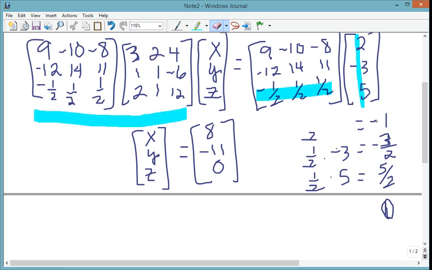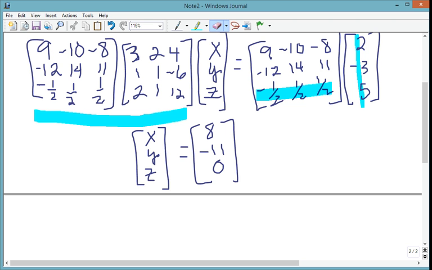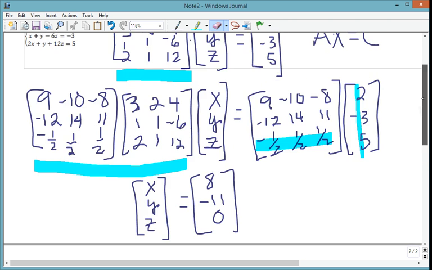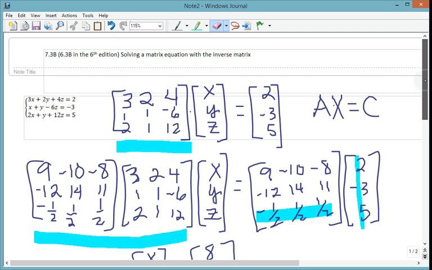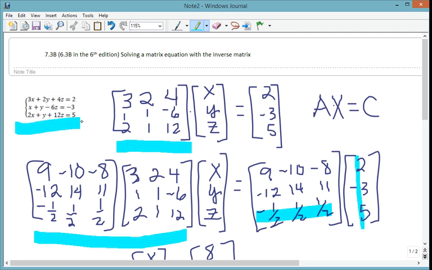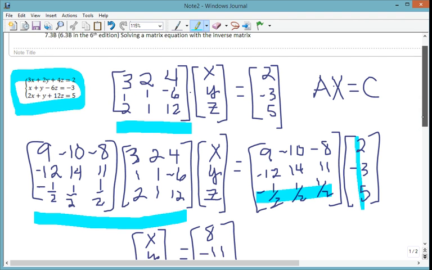Okay, so that means x is equal to 8, y is equal to negative 11, z is equal to 0. Let's just go back up here to our original set of equations, right? Let's plug that into some of them.